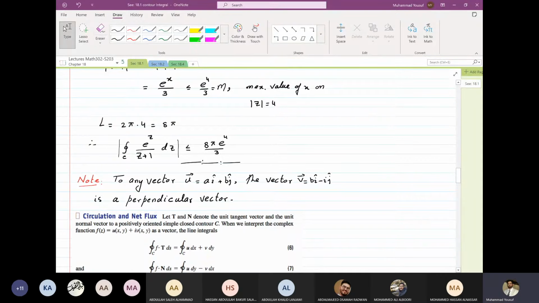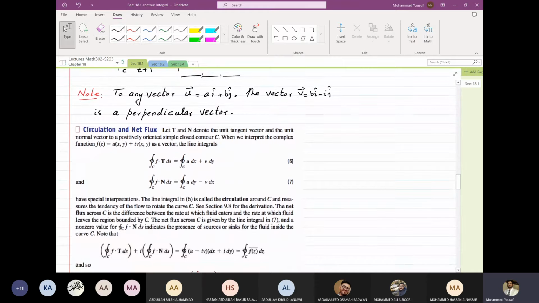Now, before I go to the next topic, here is one note. If there is a vector u equal to ai plus bj, no, it's not complex, it's the real case. Remember i and j are unit vectors, and what we write in complex is without the hat.